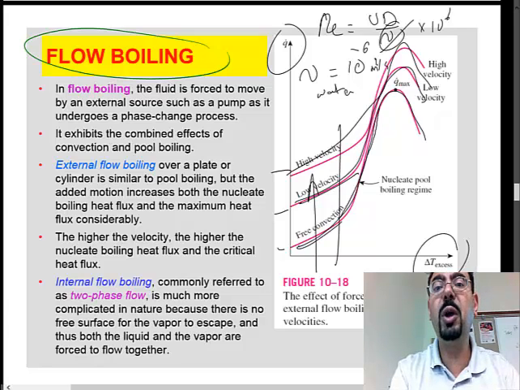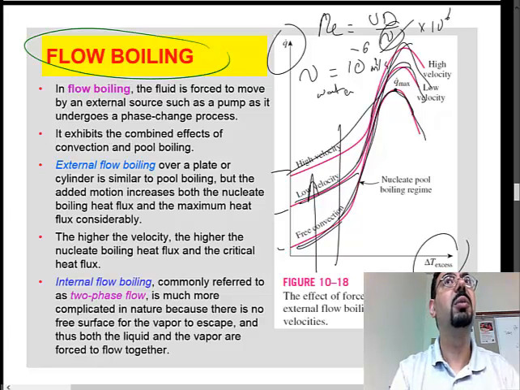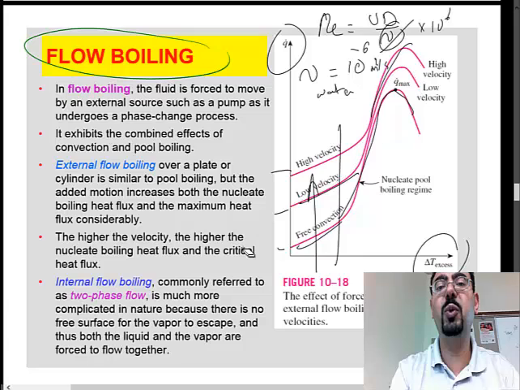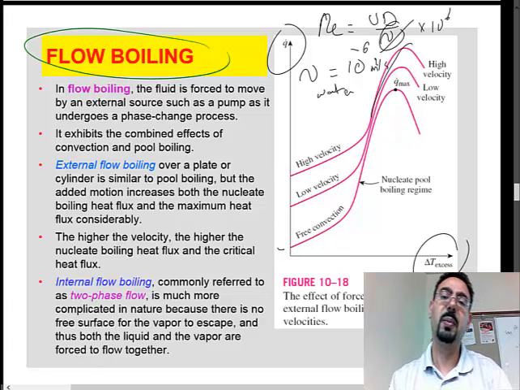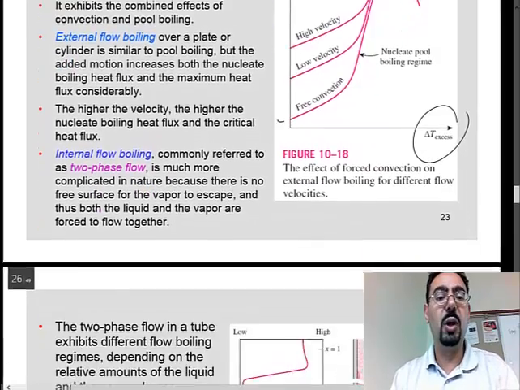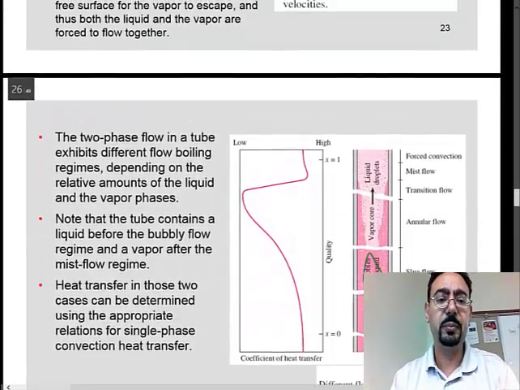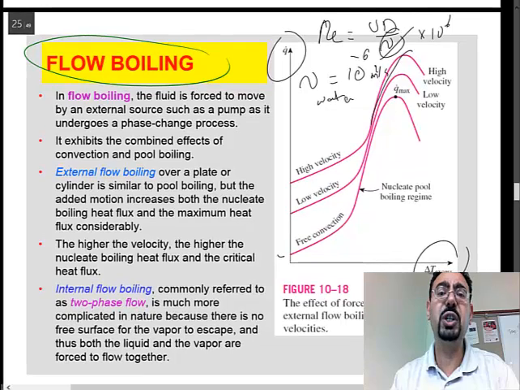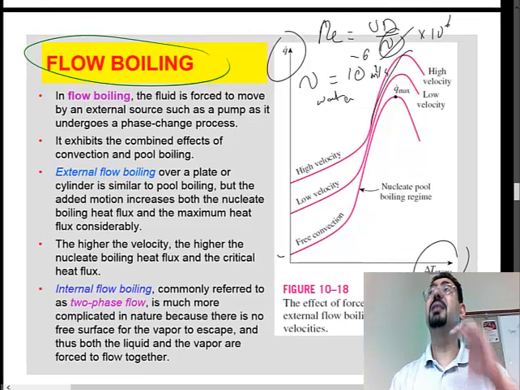And nucleate boiling also increases. All right? Because what they do is basically improve how the bubbles get rid of and the distribution. Right? So flow boiling improves, especially when it's external flow boiling.